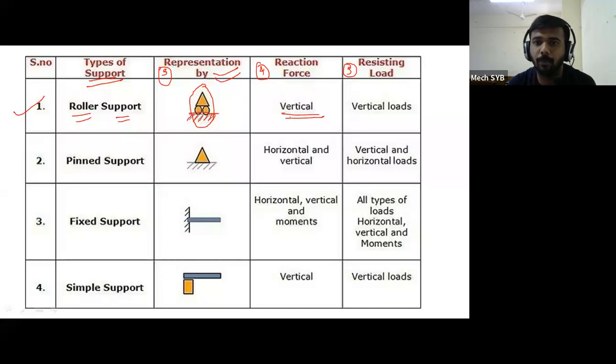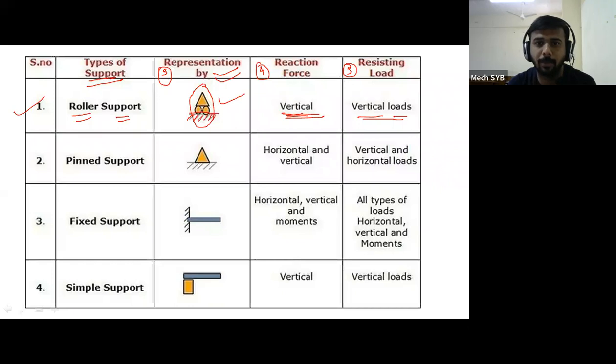In column 4 they have written the word vertical, and in column 5 again they have written vertical loads. Means if a roller support is given in the beam, then it has only one reaction, which is in the vertical direction, and it is normal or perpendicular to the surface.